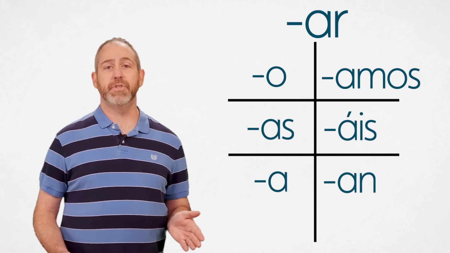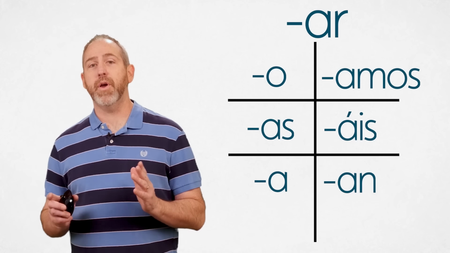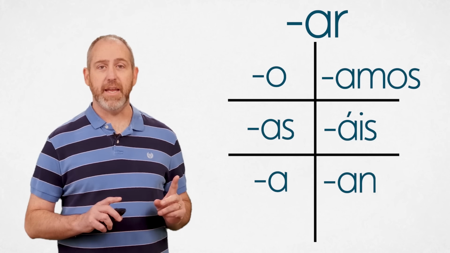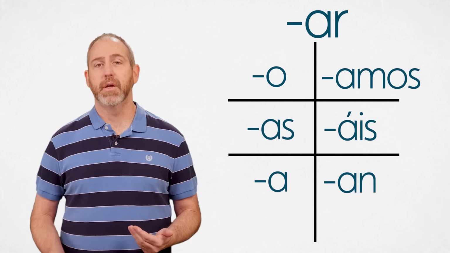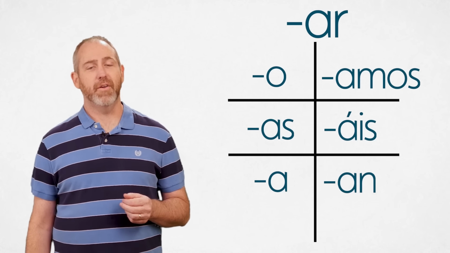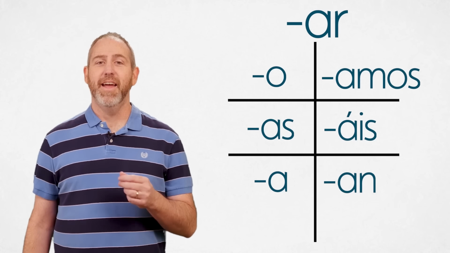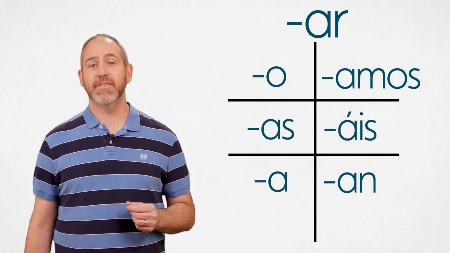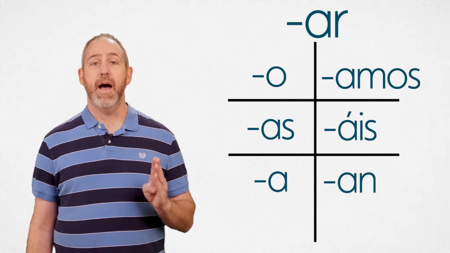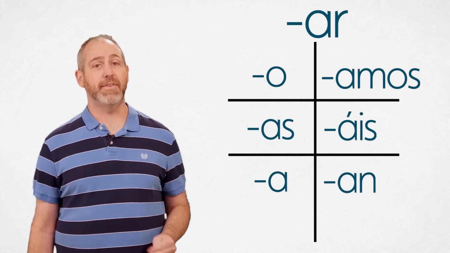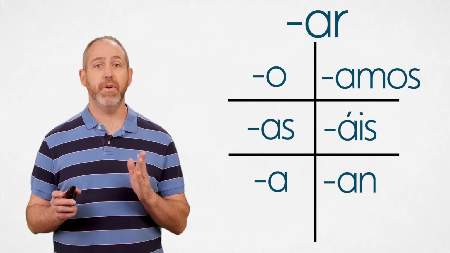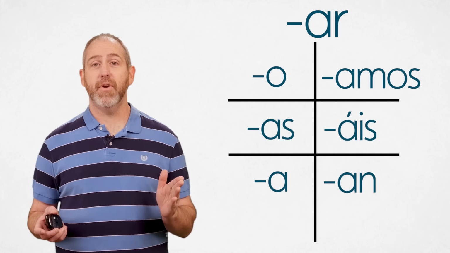Now, we'll leave that up for just a minute because we're going to do a slight little change with these to give you ER verbs. We can think about this logically, although language isn't always logical. So AR verbs, notice it's all A's except the O. So you might be thinking right now, well, I wonder if we just use E's for ER verbs.